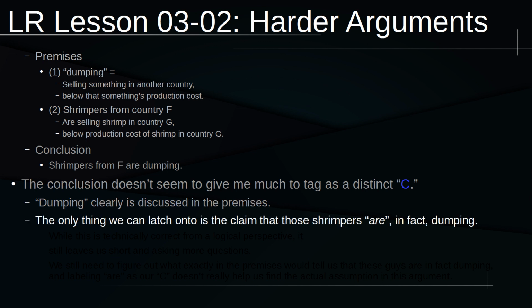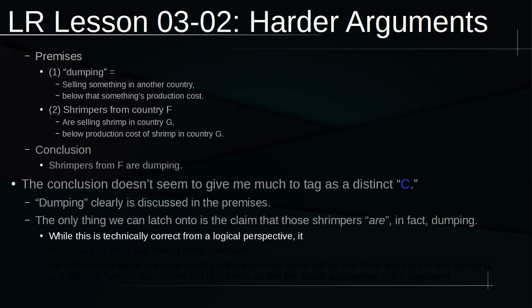And so really the only thing that I see that we can latch onto as perhaps a distinct idea is the claim itself that those shrimpers are, in fact, dumping. And I want to point out here that what I've just described is technically correct from a logical perspective, i.e. labeling the R term in the conclusion as our blue concept.